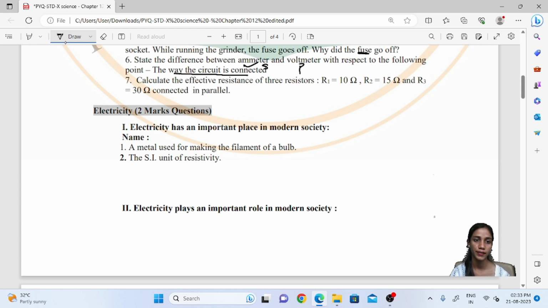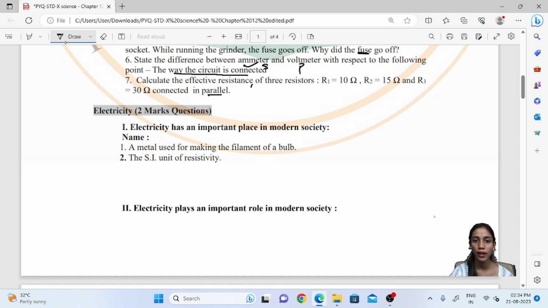Okay? Now, next is calculate the effective resistance of the three resistors, R1 equals 10 ohms, R2 equals 15 ohms and R3 equals 30 ohms connected in parallel. Okay? So now, first of all, parallel connection. So you have to apply the formula of parallel connection. What is the formula?